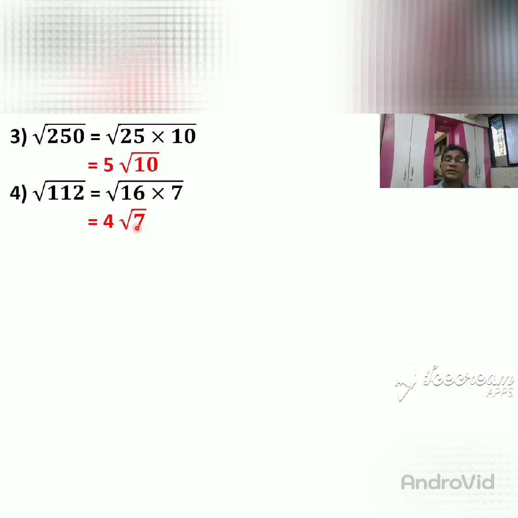Any doubts? See, 112. That square root you want to find out. Why is it a square root? Because there is no number given, so the order is 2. So you want to find the square root of 112. So 112 is factorized as 16 into 7. Here I write 16 into 7. Why is 112 factorized as 16 into 7?